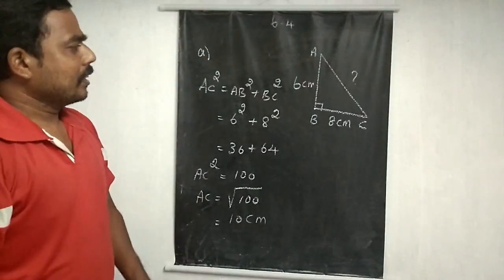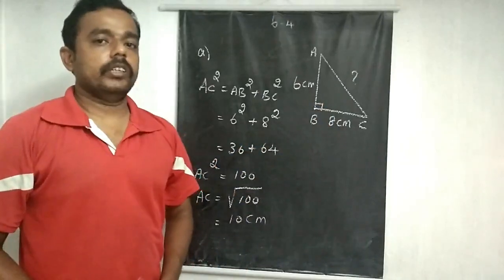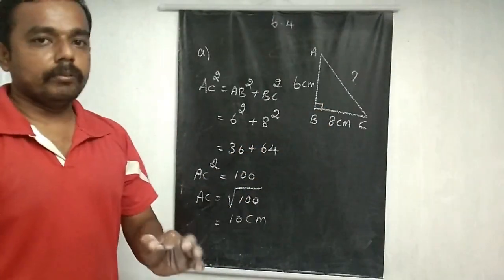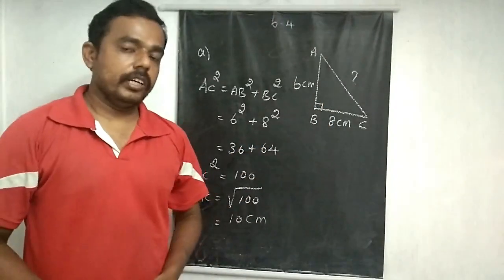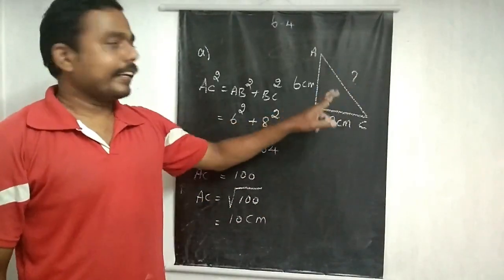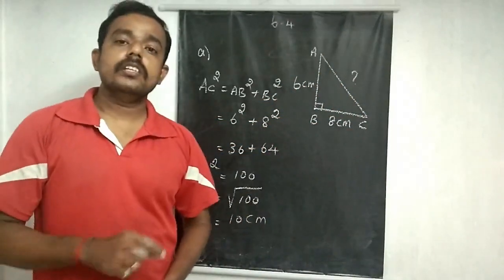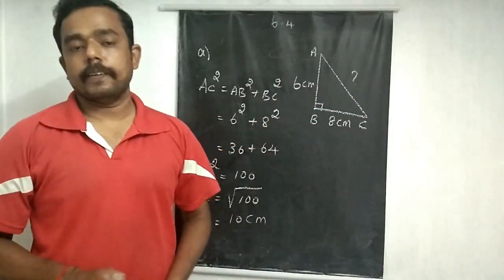In this question we need to understand the Pythagoras theorem. You may study this Pythagoras theorem in 10th standard, but in a right angle triangle, the square of this side equals the sum of the squares of the other two sides. This thing you already studied in your 7th standard.